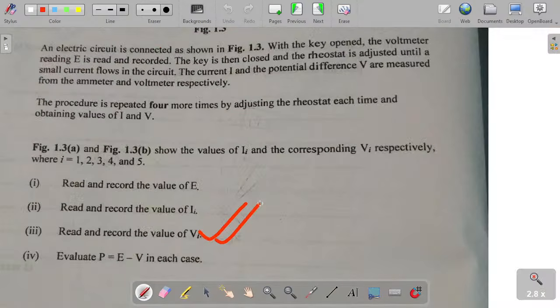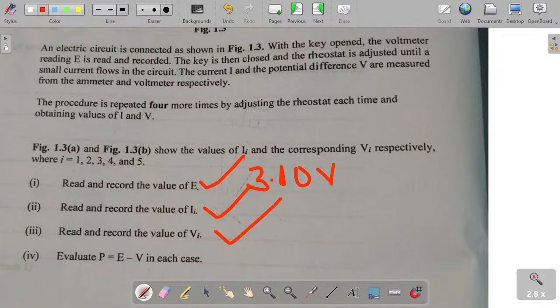Look at what we are asked to do. We are asked to record the value of E, which we've done already, 3.00 volts. Then record the values of I, values of V, and also evaluate P as E minus V. You see it? P is E minus V. That is what we did here.